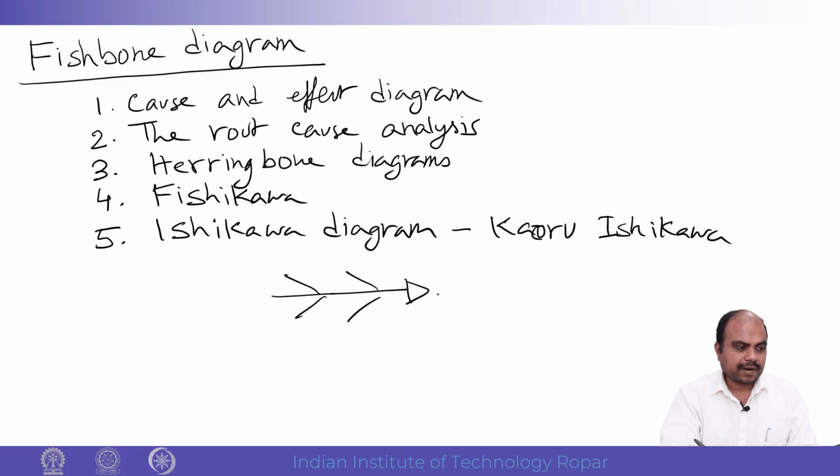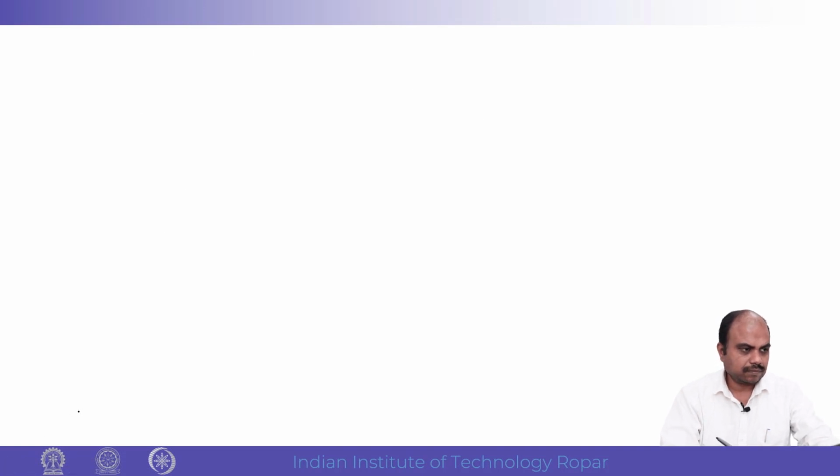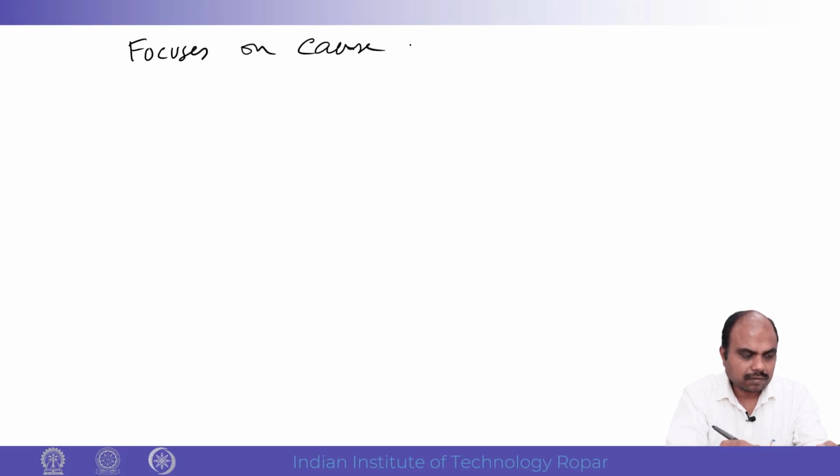And it is a graphical way of representing the cause of a problem, relating the causes of a problem, and it actually determines the actual cause and what the effect is. So that is why it is quite useful. It focuses on cause, and it helps us to go to the root cause.